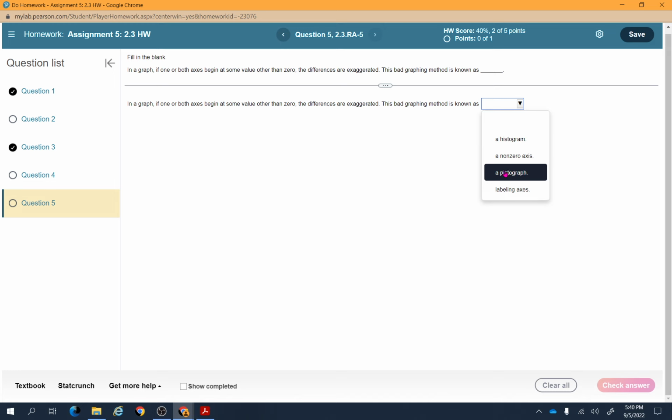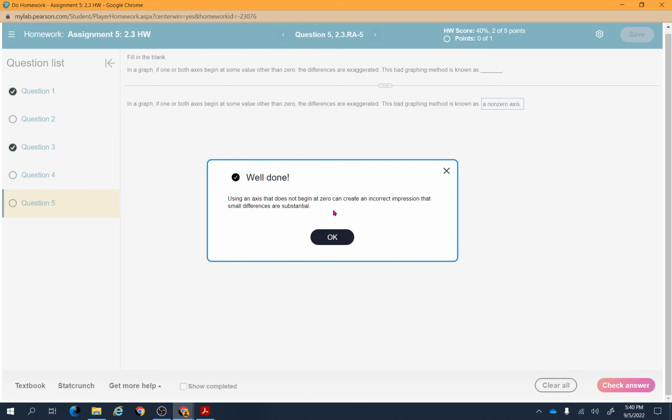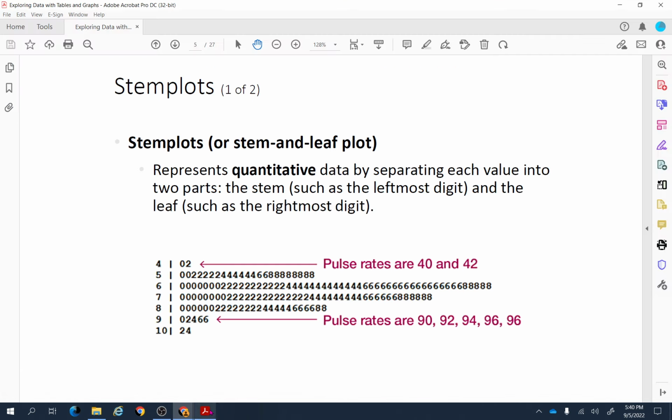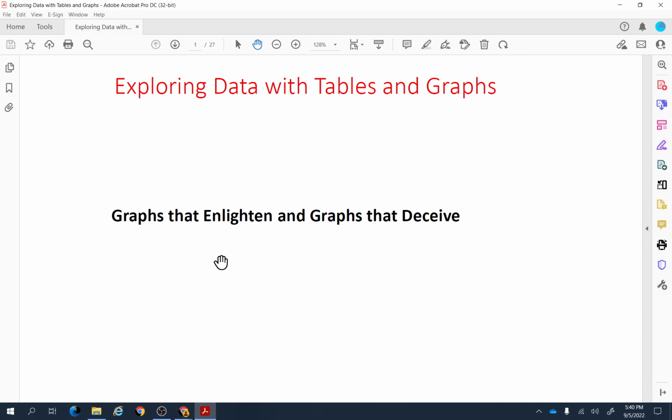It's not histogram, it's not pictograph, it's not leveling axis, it's a non-zero axis, because instead of starting at 0, we are using a non-zero vertical axis. So that's graphs. Sometimes they give you the correct information, sometimes they give you a wrong impression.